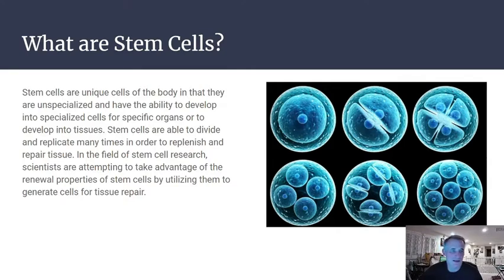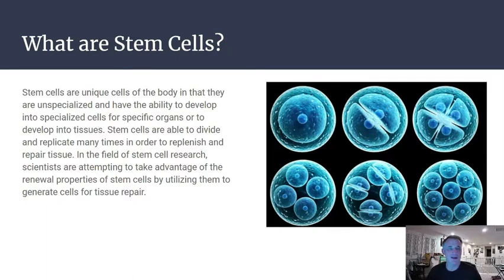What are stem cells? Stem cells are unique cells of the body that are unspecialized, right? They're undifferentiated. They haven't formed into a specific type of cell. Stem cells are really important, especially the stem cell research they're doing now, because they think maybe they can cure people that have paralysis or that are quadriplegics by growing new nerve cells, for instance.